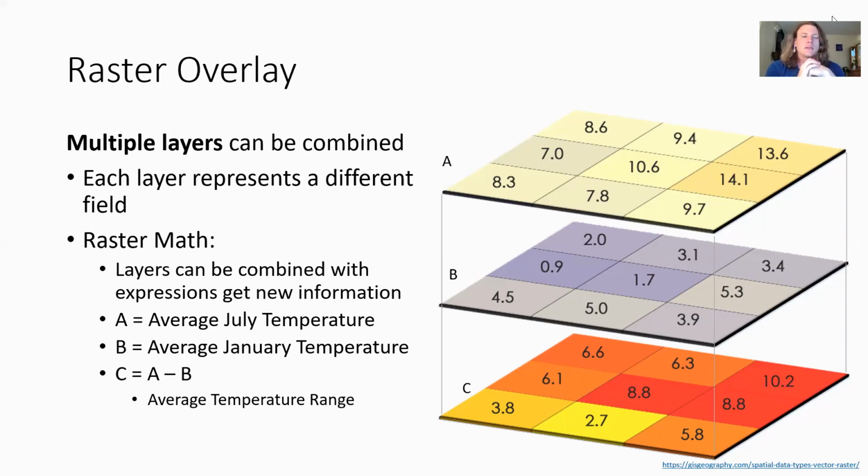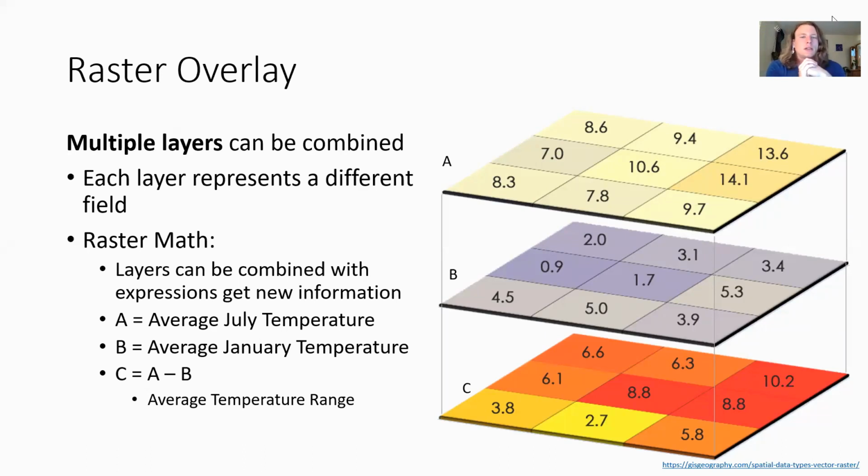So for instance, if A is the average July temperature and B is the average January temperature, if you subtract B from A, you can get the average annual temperature range. And you're just doing that same math equation for every point where those cells overlap.